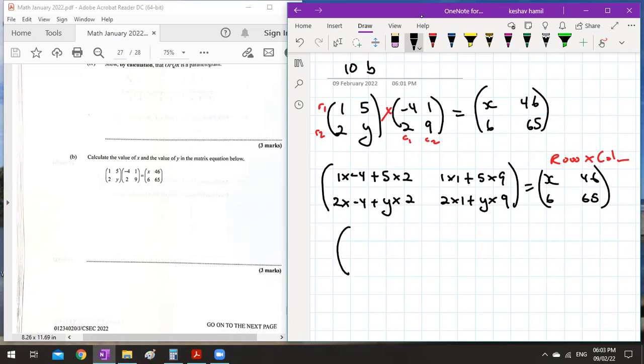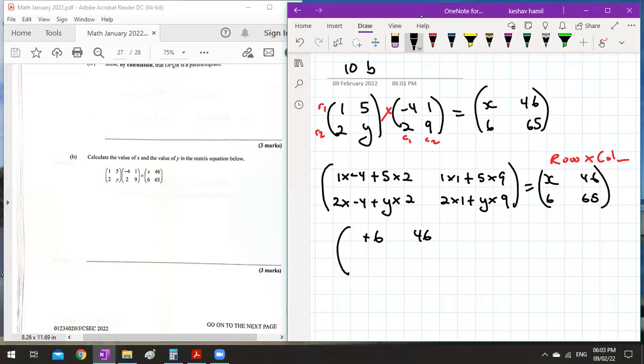Now, simplifying. 1 by negative 4 is negative 4, plus 5 by 2, which is 10. Negative 4 plus 10 is positive 6. 1 by 1 is 1, plus 5 nines are 45, so 46.